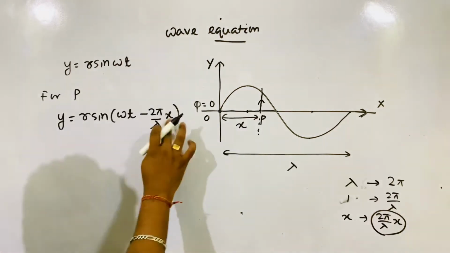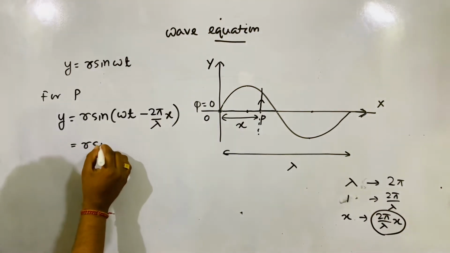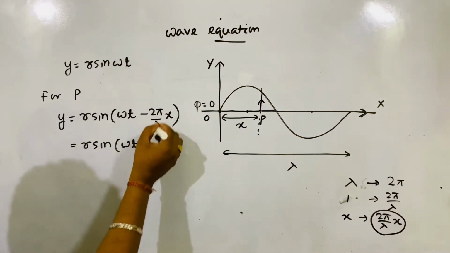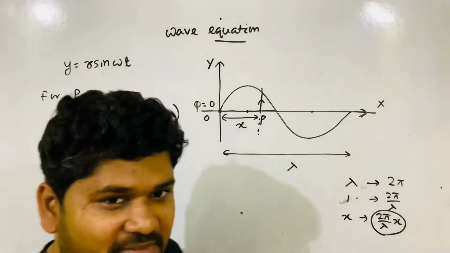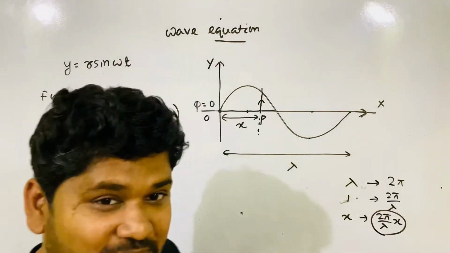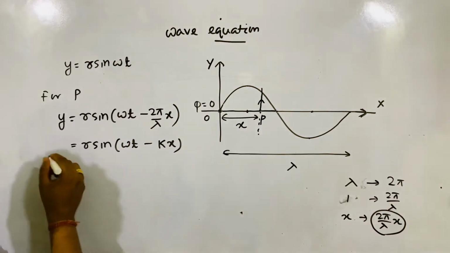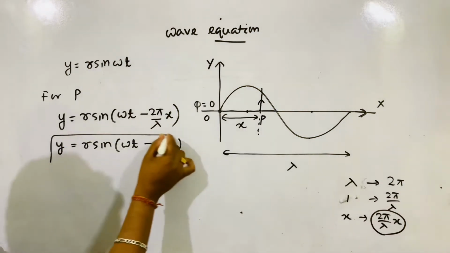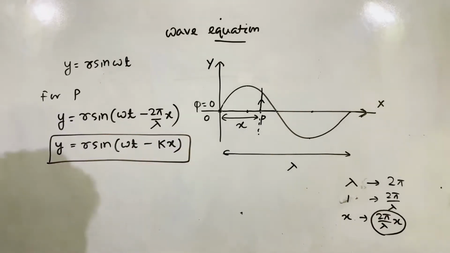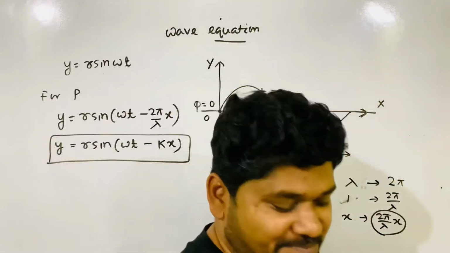So I put minus that much. So r sine omega t. But what is 2 pi by lambda? You see the terminology video. You will get 2 pi by lambda is equal to k, the angular wave number. So omega t minus kx.